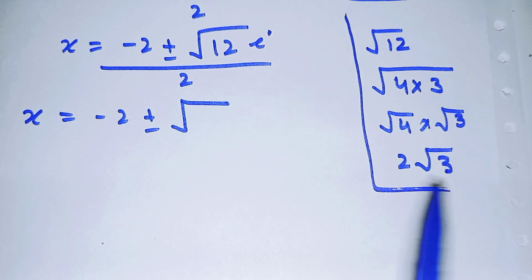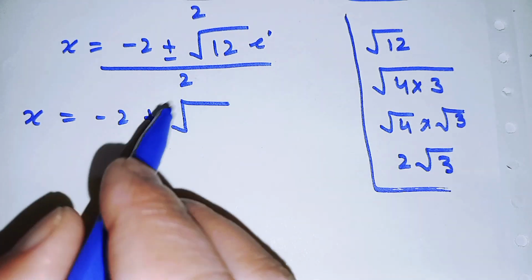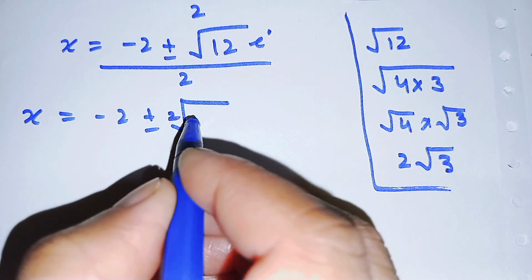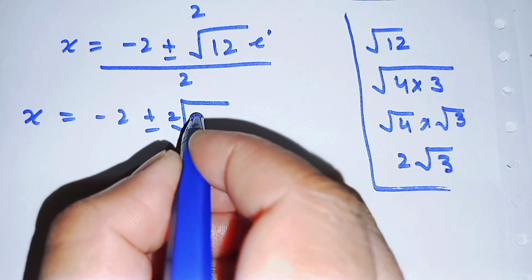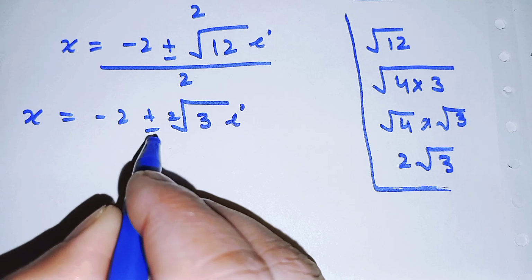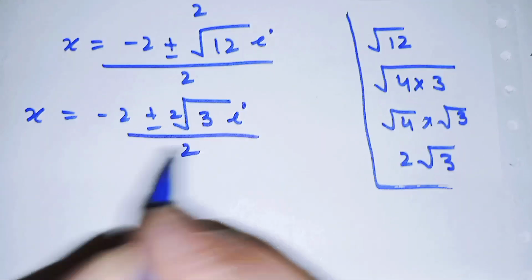So here we put them: 2 square root 3 i, and then over 2.